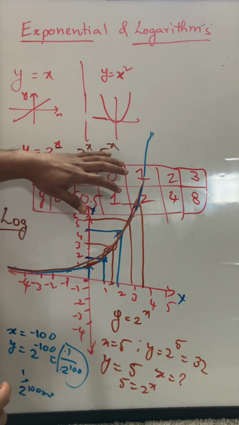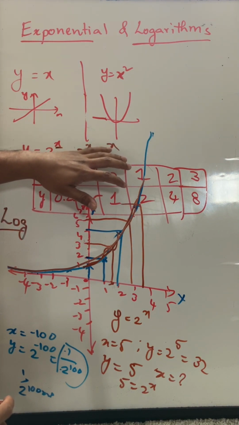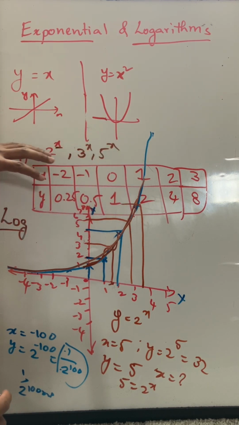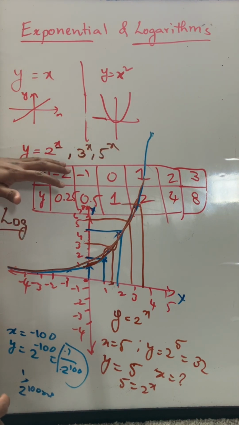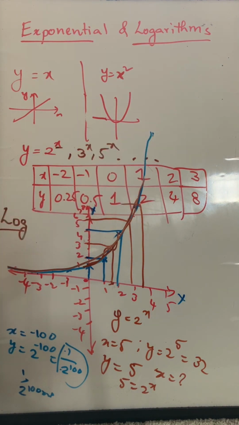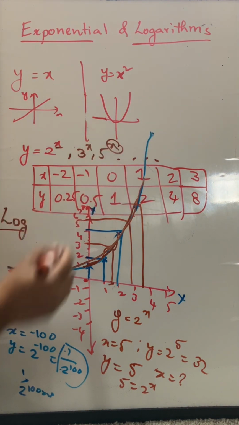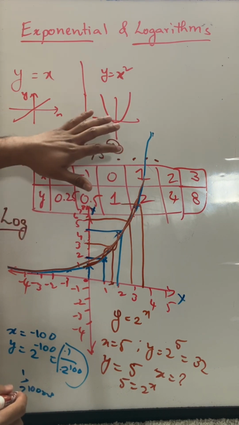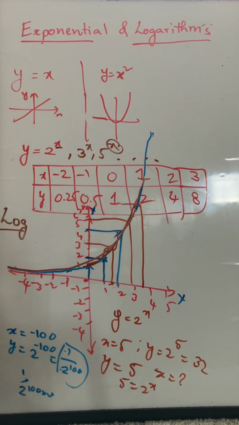When x is at the power position, that is always an exponential graph. Any number with the power x, where the variable is, is called exponential.